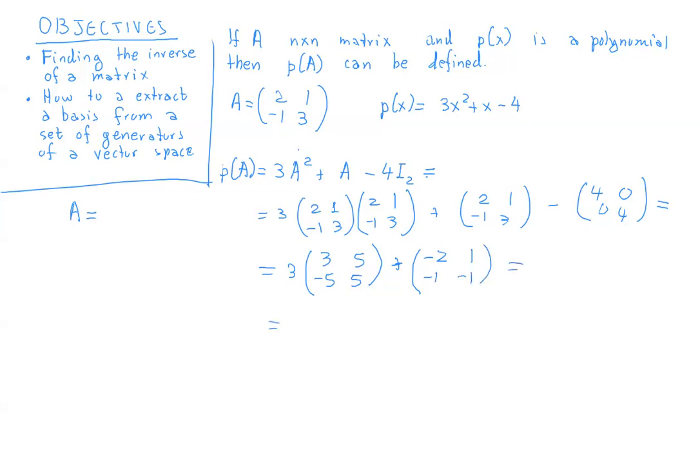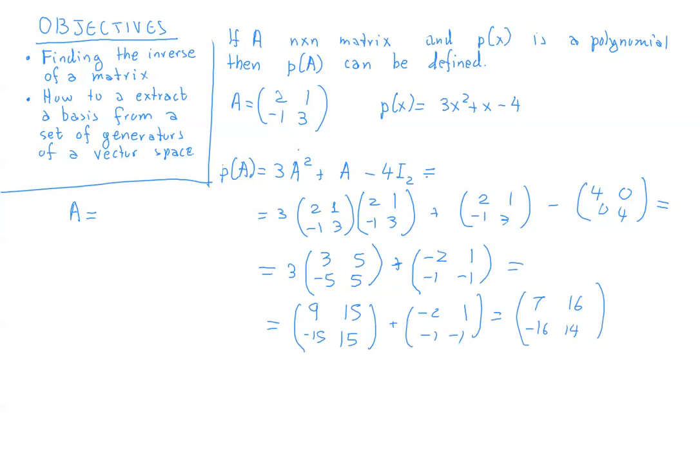And eventually, this will be 9, 15, minus 15, 15, plus negative 2, 1, negative 1, negative 1. And this will be equal to 7, 16, minus 16, and 14. And that's the matrix P of A for this particular polynomial.